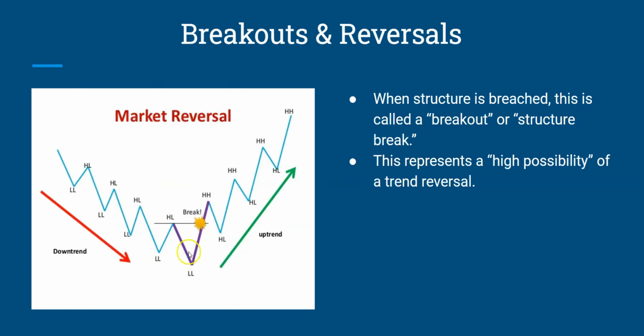If it fails to break the previous low, then you have a reversal, and now you have an uptrend, and it's going to start making higher highs, higher lows, instead of making higher lows and lower lows, right? So when structure is breached, this is called a breakout or structure break. This represents a high possibility of a trend reversal, a market reversal. So let's head on over to the charts.